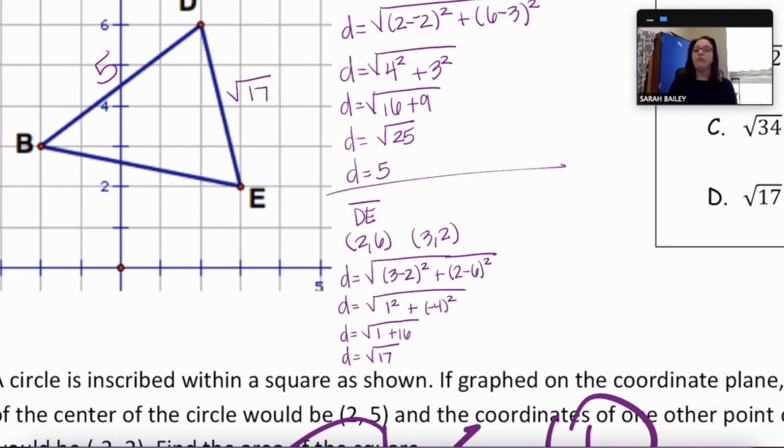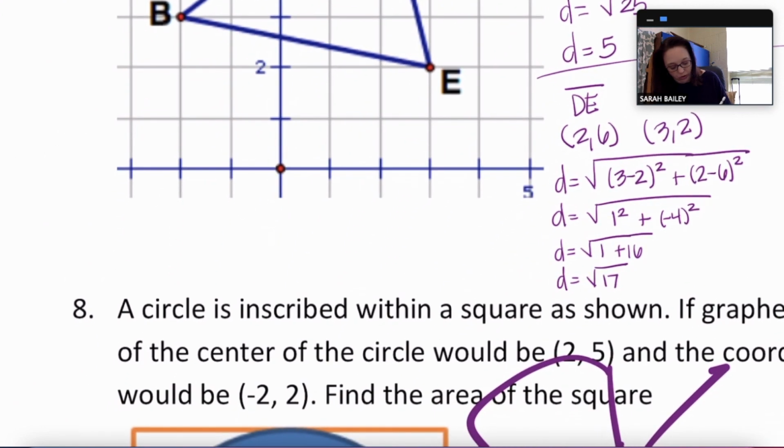Okay, now we need to find the length of side, or the distance between points B and E, or the length of side BE, same thing. So I'm going to come over here and do that. So point B is at -2, 3, and E is at 3, 2.